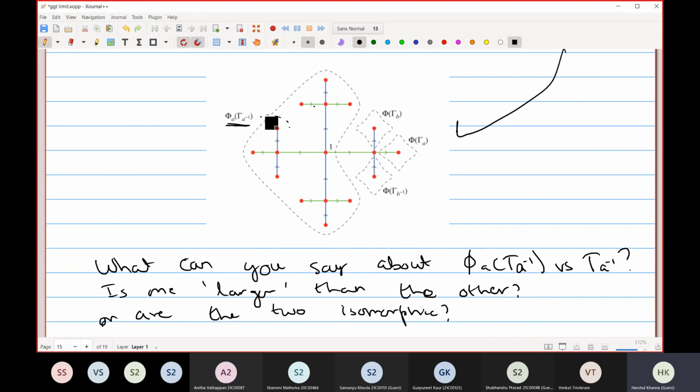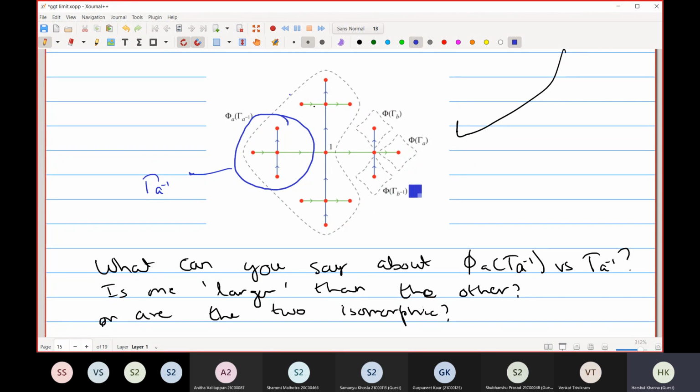Let me draw it in a different color. Initially, this was your TA inverse. And now this whole region, the union of these three regions, is the image of TA inverse.